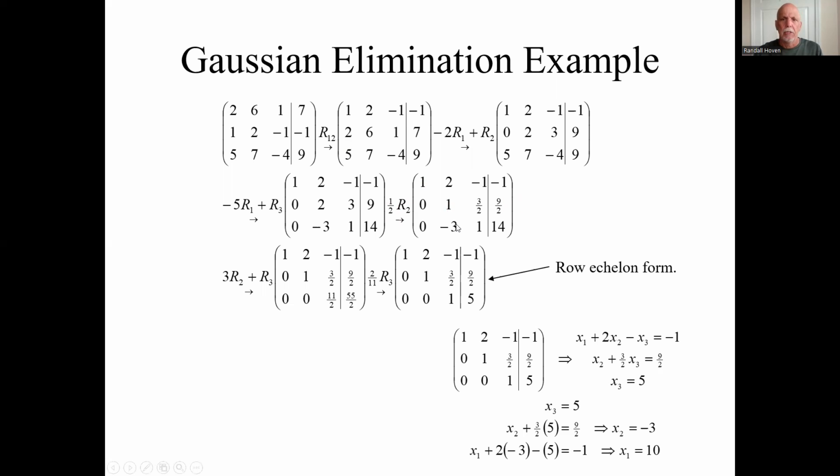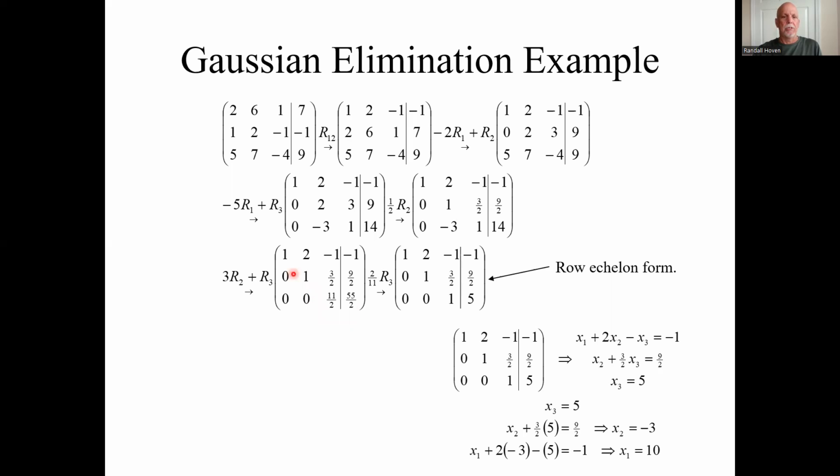Starting to get there. Now I want this guy to be a 0, so I'll add 3 times row 2 to it. So minus 3 plus 3 makes that a 0. What did I say? 1 plus 9 halves, 11 halves. So I start getting some ugly arithmetic here.